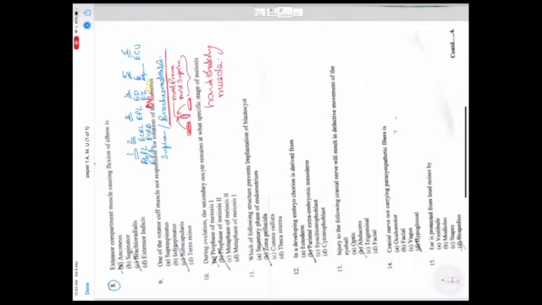Got it? So the answer here: an extensor compartment muscle causing flexion at the elbow, right? Because it is arising from above the elbow. This is the only muscle arising from above the elbow, so this will cause flexion at the elbow, right?